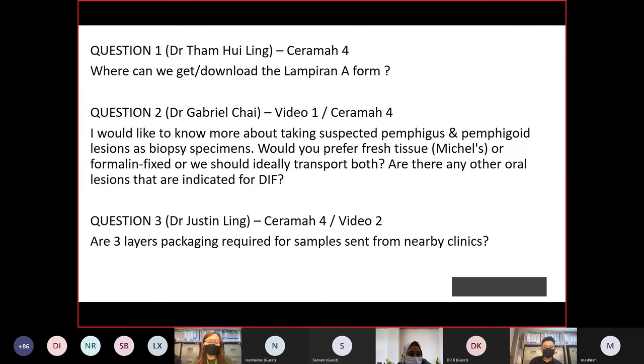The DIF is an adjunct diagnostic tool, because sometimes DIF is not that accurate that we can see the antibody deposited nicely. So sometimes we cannot see anything at all. So you must have formalin fixed tissue, and then if you have the facilities to do DIF, it will be better. DIF is just to correlate with the H&E findings.